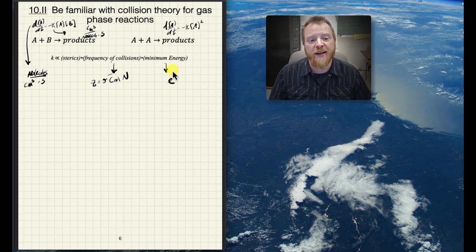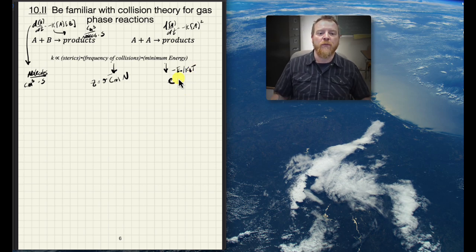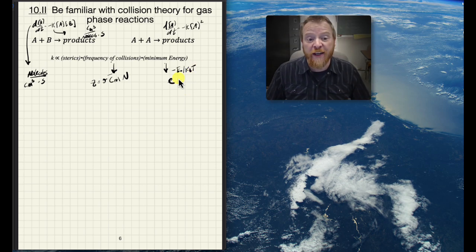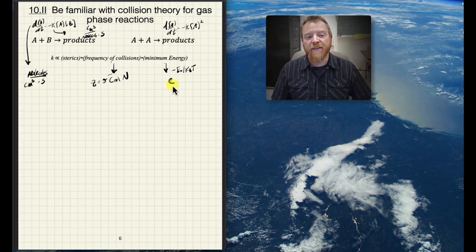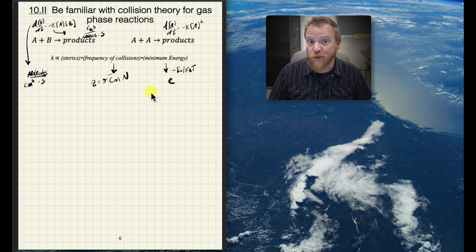And we can write that as e to the negative E_A divided by k_B T, where E_A represents the minimum threshold energy needed for reaction. And this whole Boltzmann expression states that there will only be some fraction of molecules that possess that minimum threshold energy for reaction.